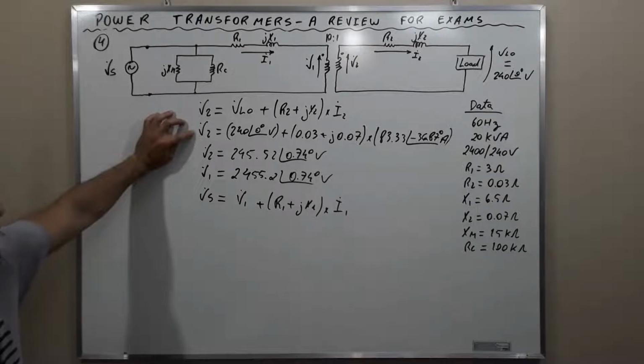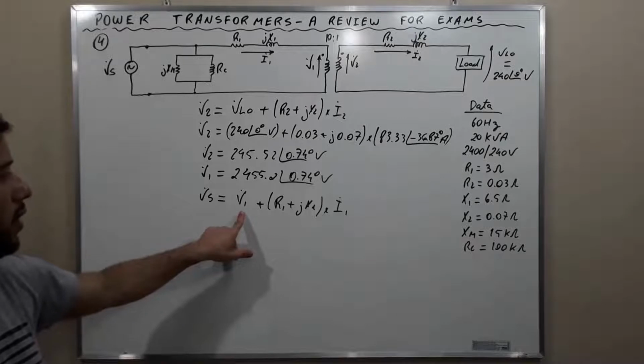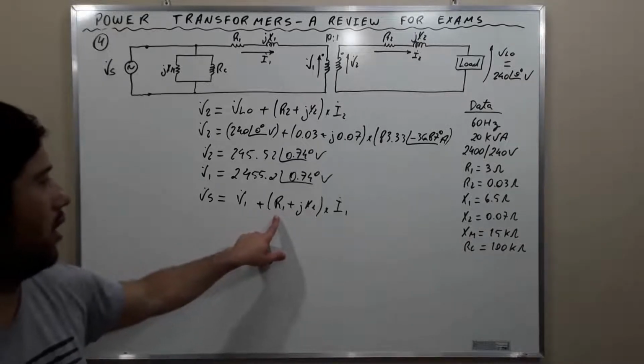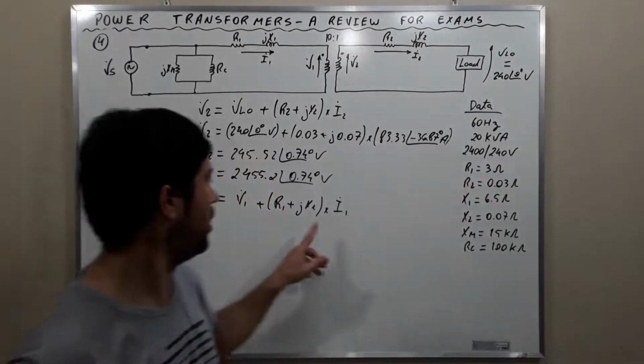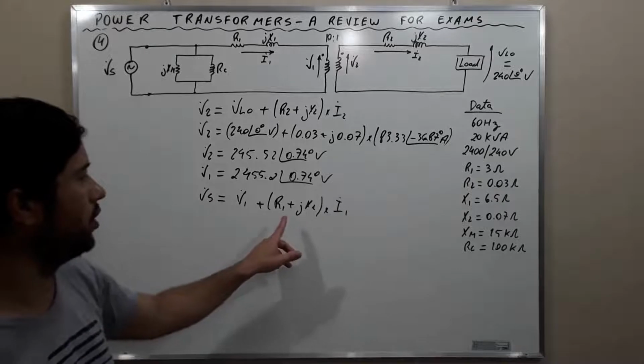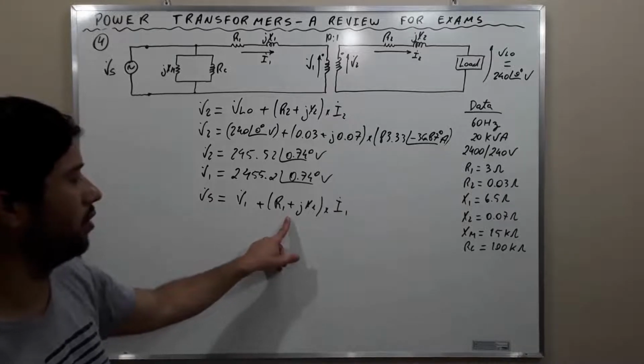Just see how it was done here, and we're going to use the same here, but observe that R1 is 3 and X1 is 6.5.